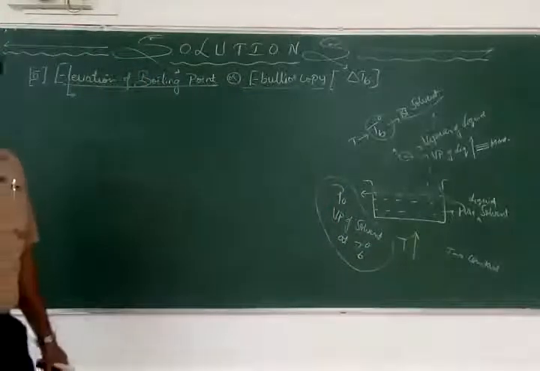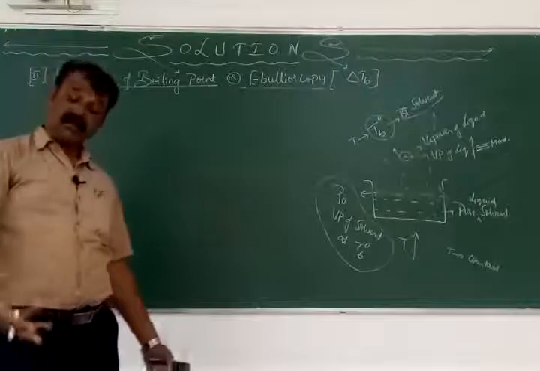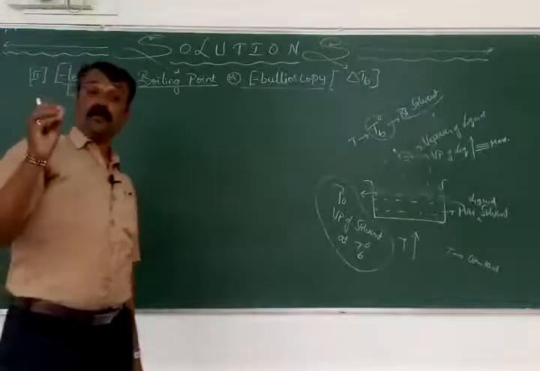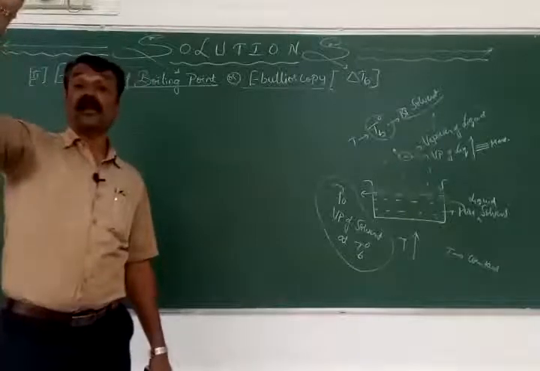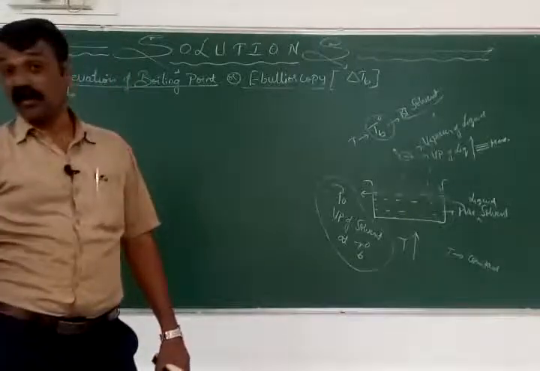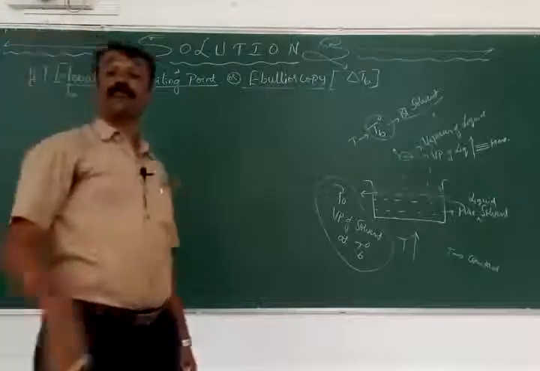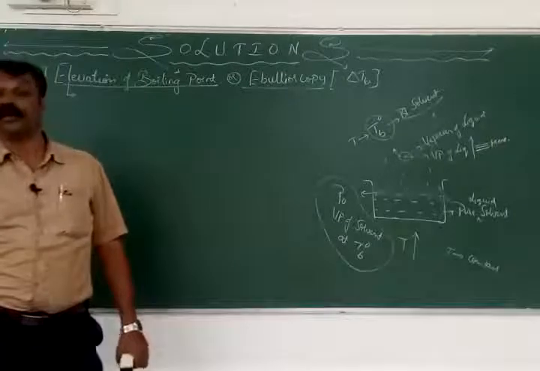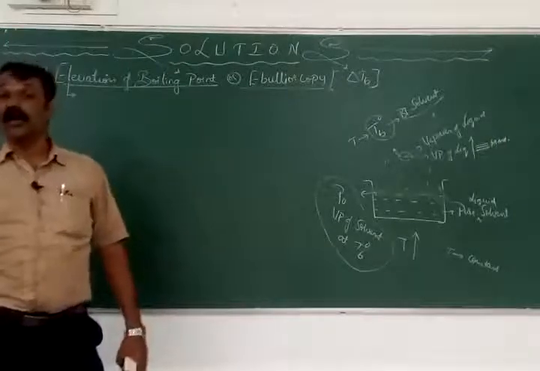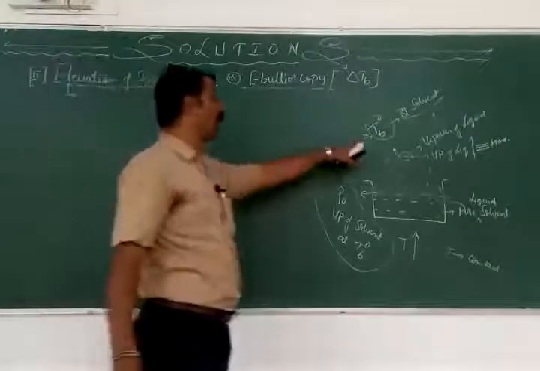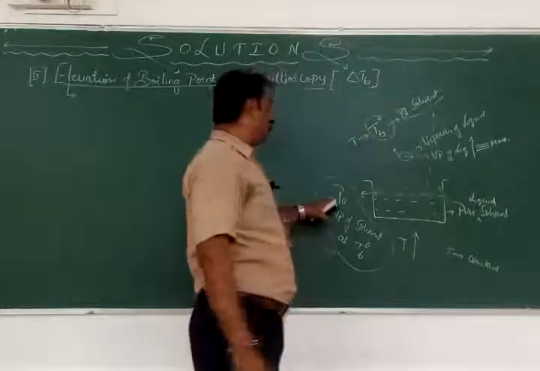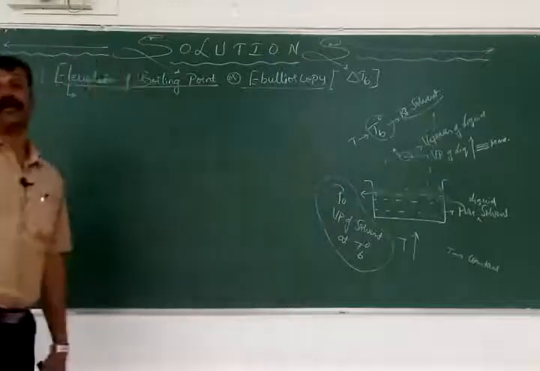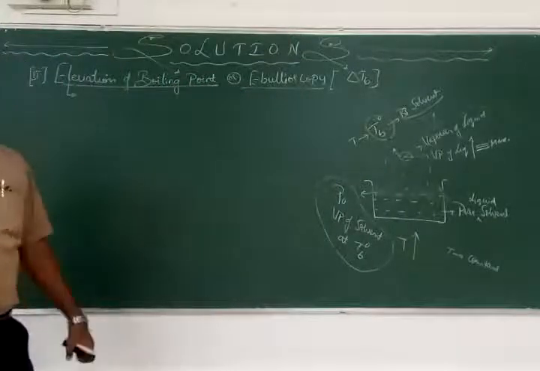At constant temperature the vapor pressure of the liquid is constant, but as the temperature goes on increasing, when the boiling point is reached, the vapor pressure of the liquid is maximum, which is equal to the atmospheric pressure, and that temperature is called the boiling point. Let the boiling point of the pure solvent be Tb naught, and the vapor pressure of that solvent at its boiling point be P naught. Okay, so this is the general case first.